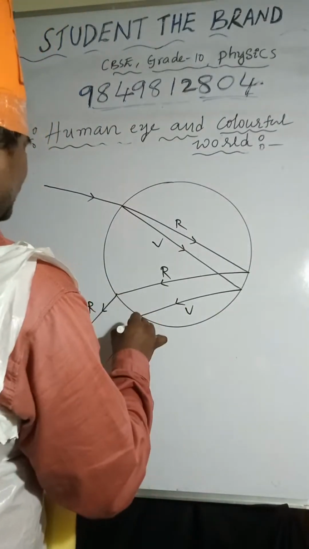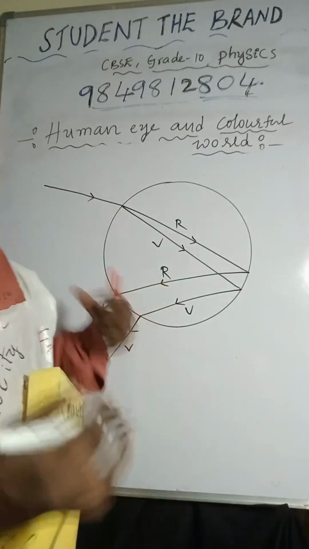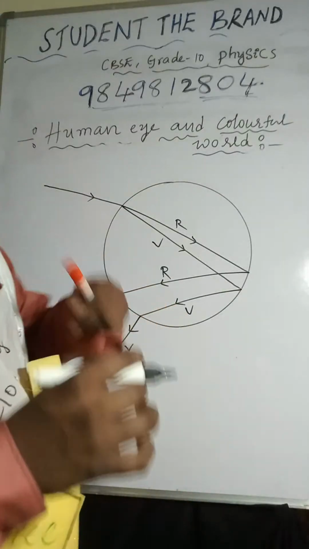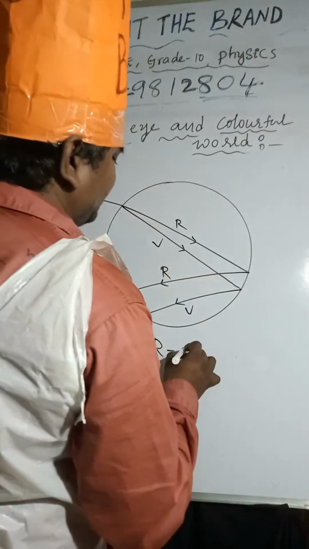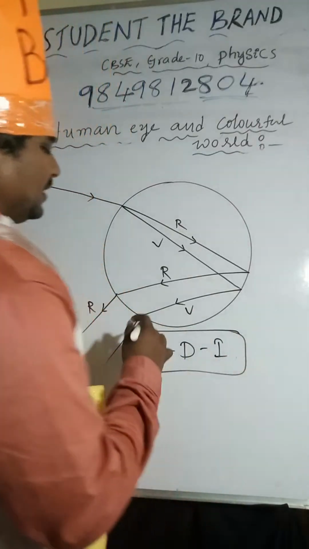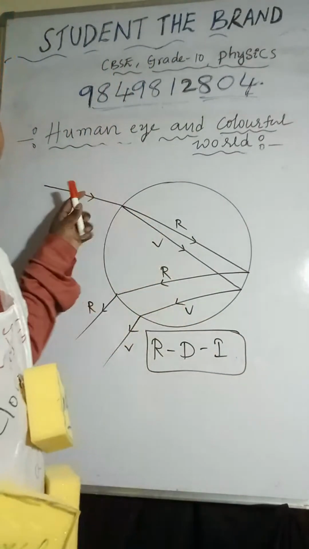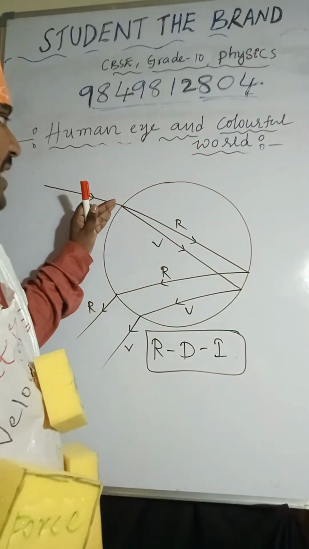So what are the phenomena involved in the formation of a rainbow? The phenomena involved are refraction, dispersion, and internal reflection. An incident light ray falls on the raindrop. First refraction takes place.